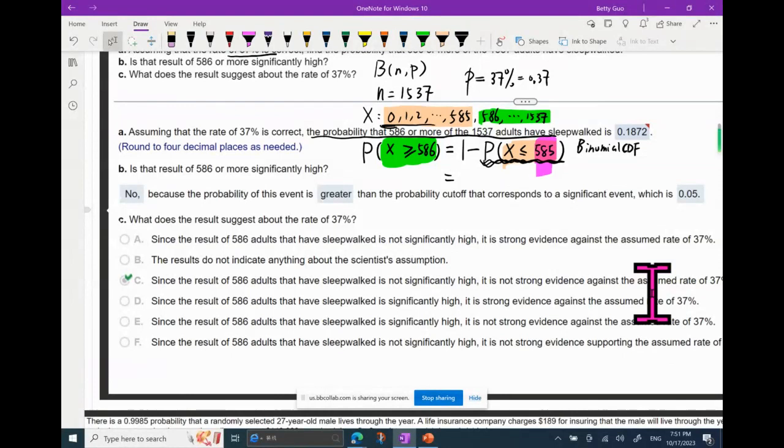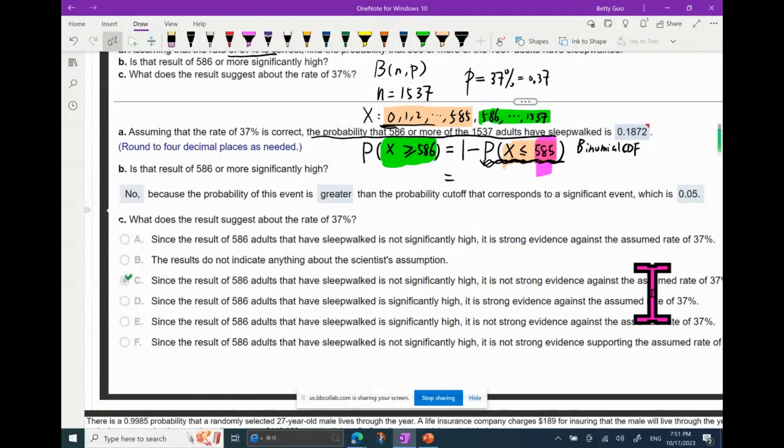Then you go down, and mine is the letter B. I'm not sure about yours, so double check that it is binomial CDF. The one on top of it is PDF, and we are not using that in this case. In this case we use CDF, where C means cumulative. You're accumulating from 0 all the way to 585. Then confirm to select that.